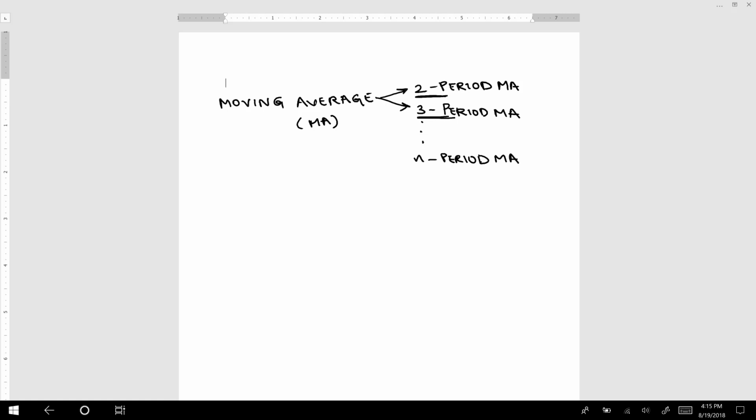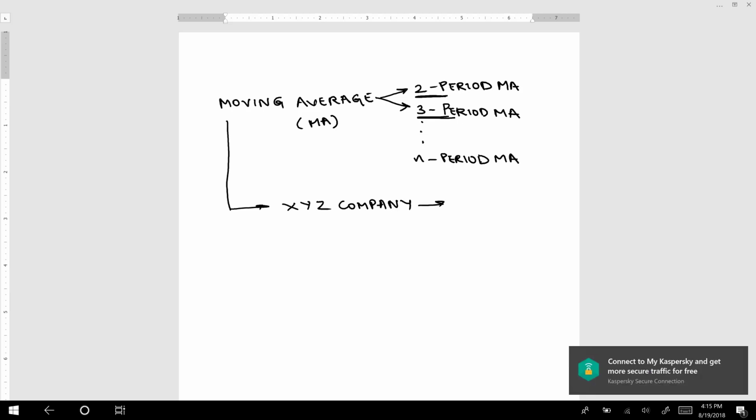So let's see an example. Suppose there is an XYZ company which sells chairs.